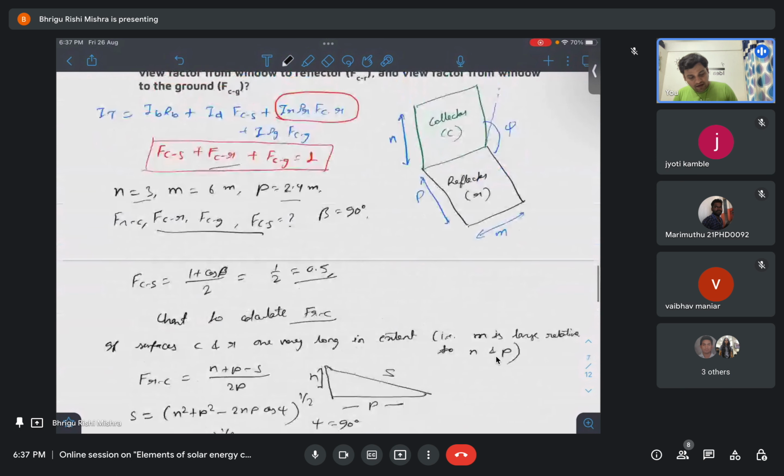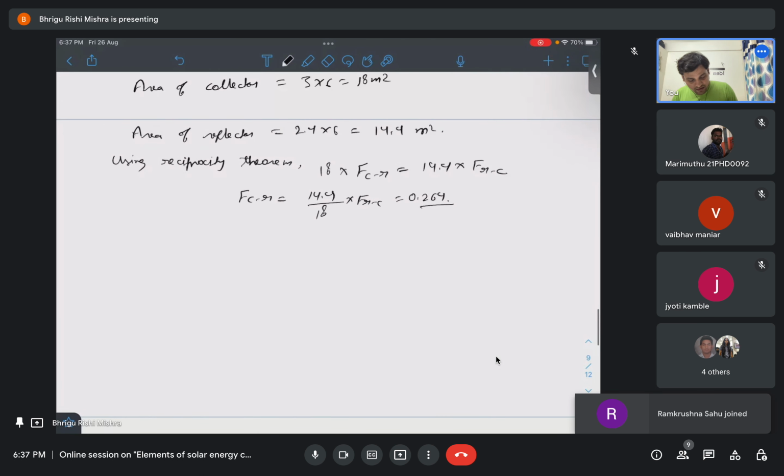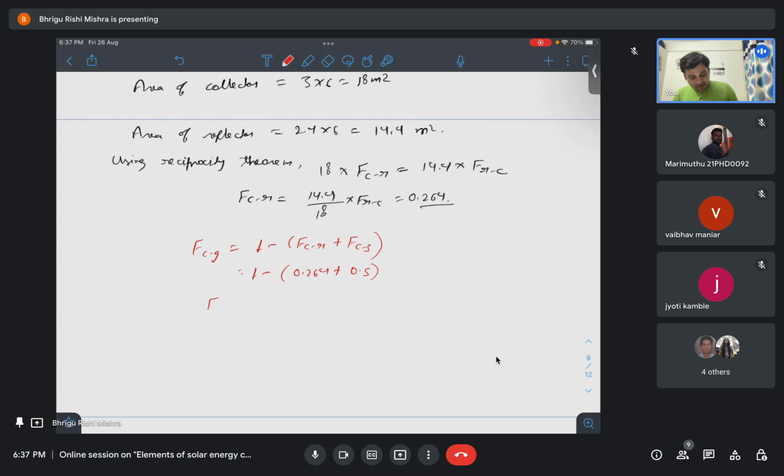Okay, now I have FCR here and I have already calculated FCS here. I can calculate FCG, and the sum of these three is equal to 1. So FCG equals 1 minus FCR plus FCS, and it is 0.264 plus FCS.